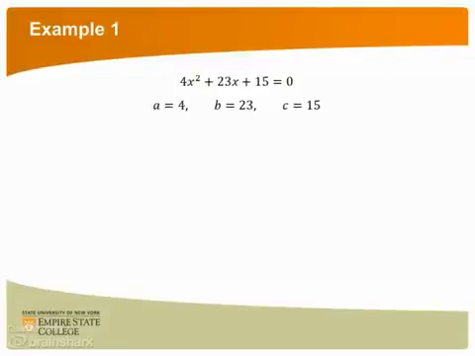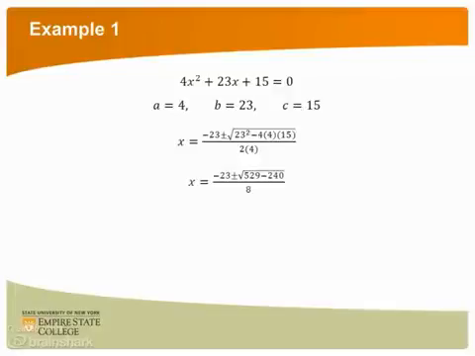A is 4, b is 23, and c is 15. We plug those values into the formula. We have negative 23 plus or minus the square root of the quantity 23 squared minus 4 times 4 times 15, all over 2 times 4. We do all the multiplication type operations.